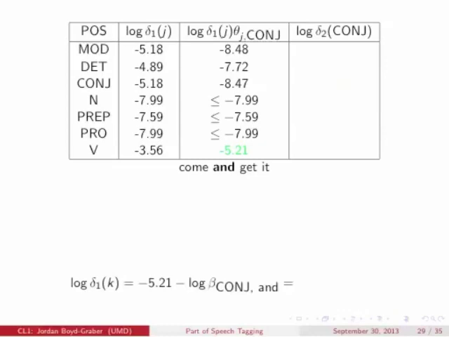And so now we multiply the probability that we had there by the probability of observing the word "and," given that we're in the conjunction state. And since we're working in log space, that's actually an addition. And that gives us negative 5.21 plus negative 0.81, which gives us a final score for the conjunction part of speech tag at time 2.